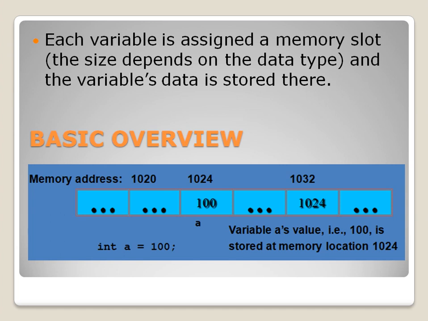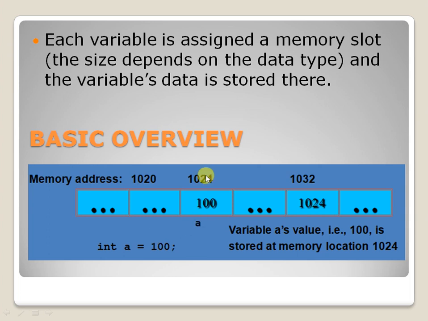Now, a pointer holds the address of some data type or some basic data type variable. So if a is stored at location 1024, my pointer would be somewhere here. It can be any location, but the value that is stored by this pointer would be the address of that variable.